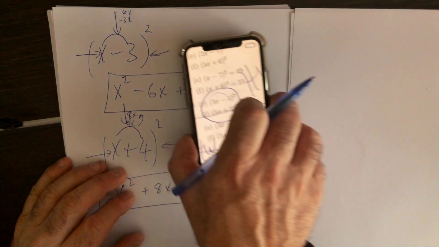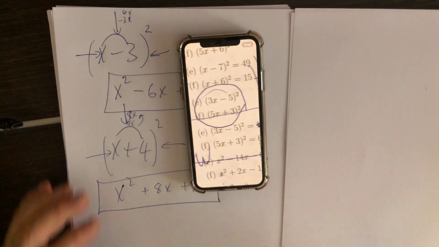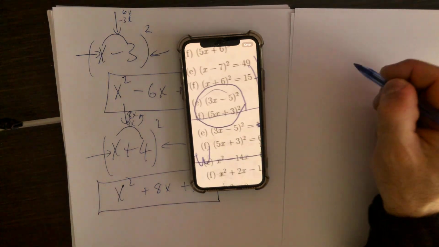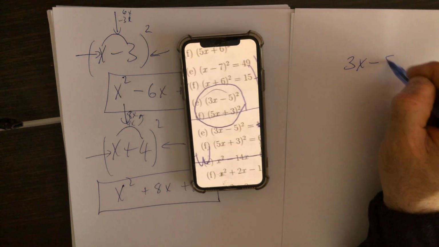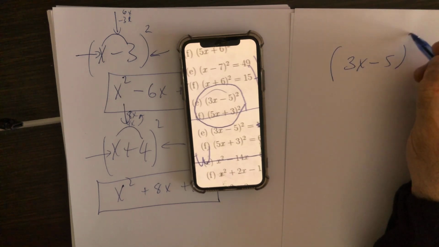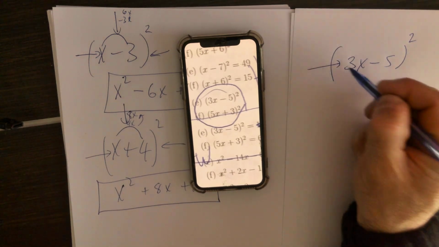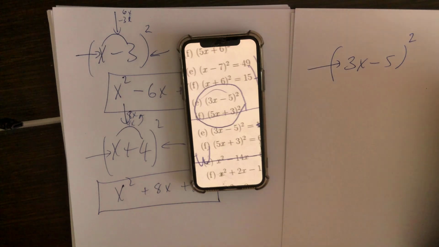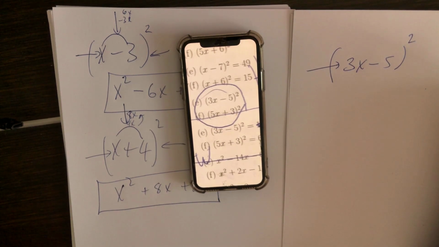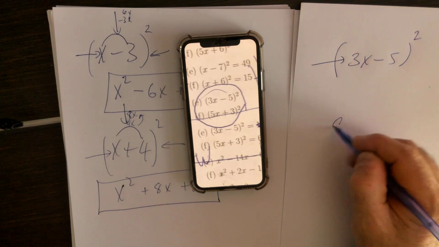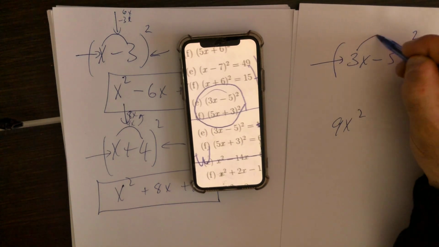Now for more general binomial squares, (3x − 5) all squared. From the left, what we're doing now is we're squaring 3x. We're not doing this. We're getting 9x squared. We're multiplying that by that.